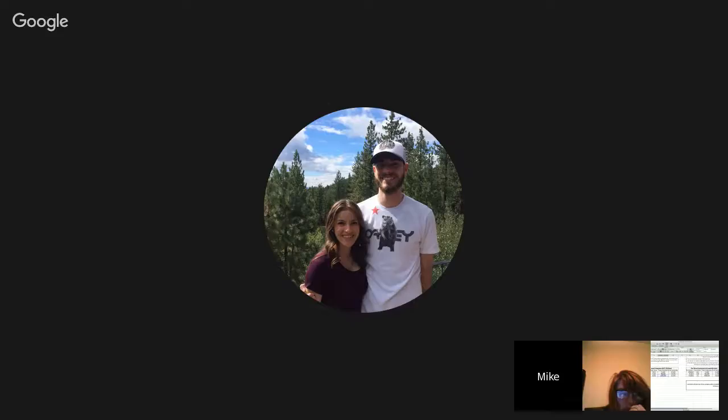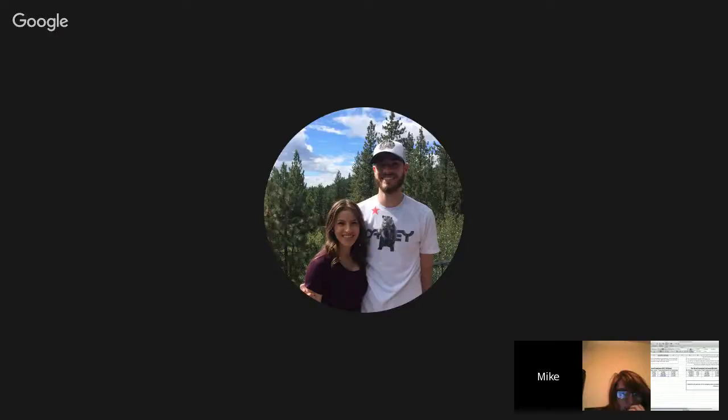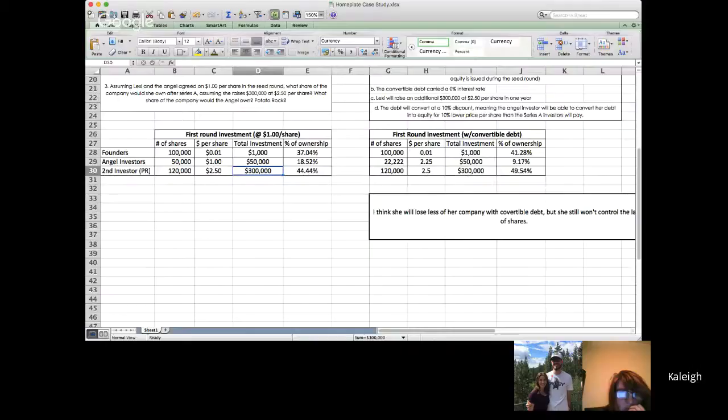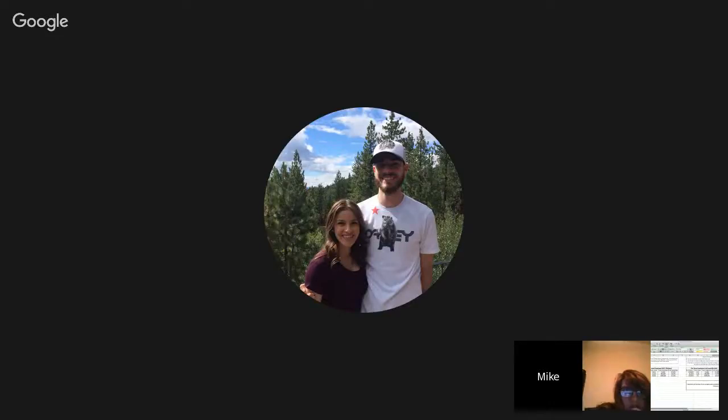Yeah, I still think convertible debt's a better option because it's a larger share percentage. So if we're basing off of just these 2, then yeah, this one would be better for her, because I guess it gives her the most while giving up the least. Yeah. Look at that.